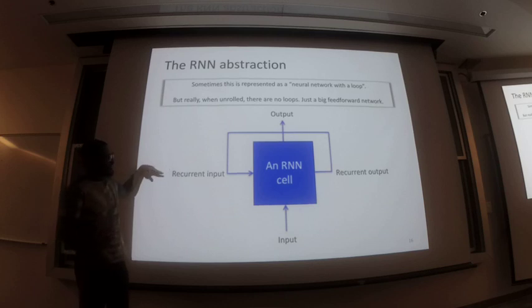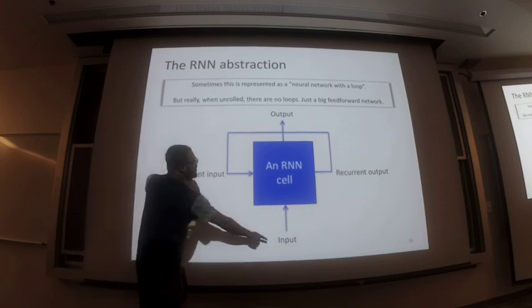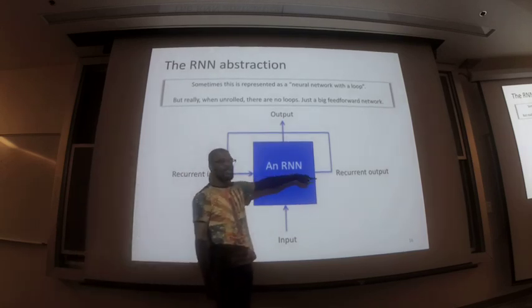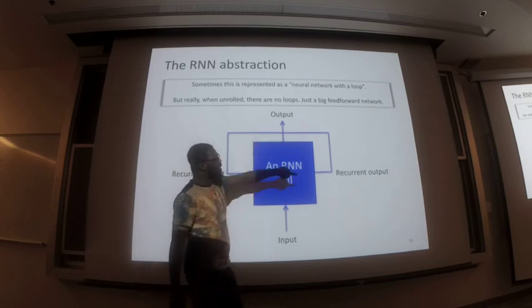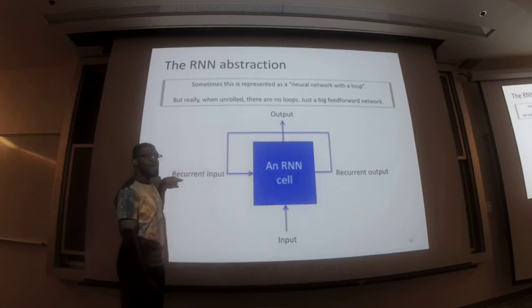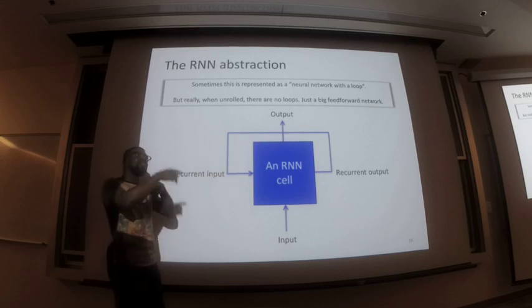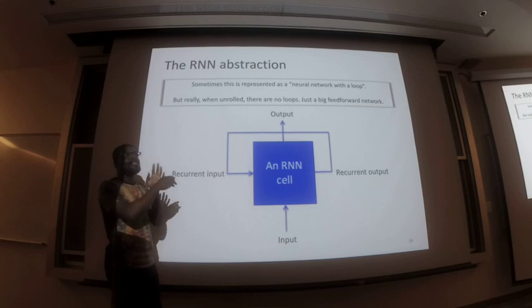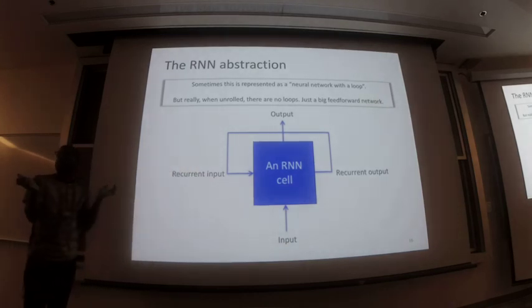So at your initial state, you initialize your initial state, and then you use these two things to produce your recurrent output and then your output. And then this recurrent output here rolls back and becomes your recurrent input for your next cell, and then the cycle goes on and on until your sequence of words, like your input, is done.